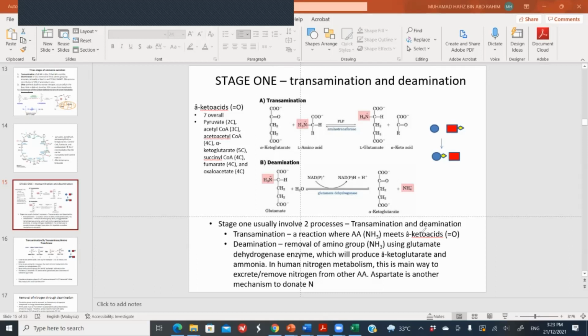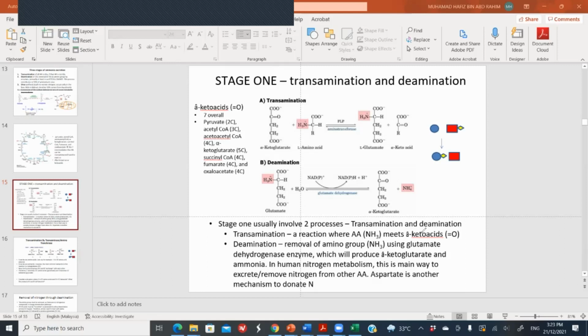Dia punya summary yang paling senang ialah the summary is every amino acid must react with alpha ketoglutarate in order to produce glutamate. Make sense tak? Makes sense. Sebab alpha ketoglutarate dia yang can produce glutamate. Make sense tak? Siapa yang tanya tadi?